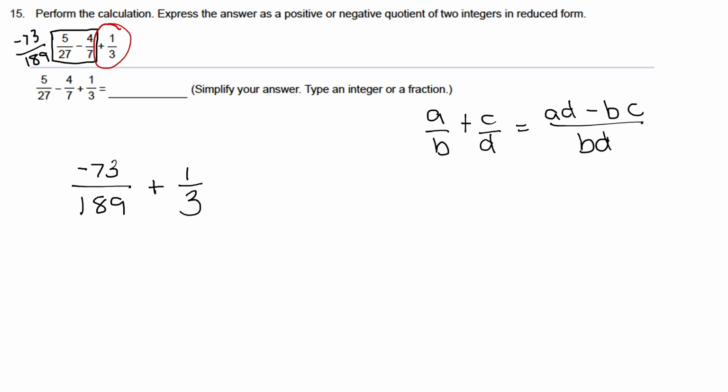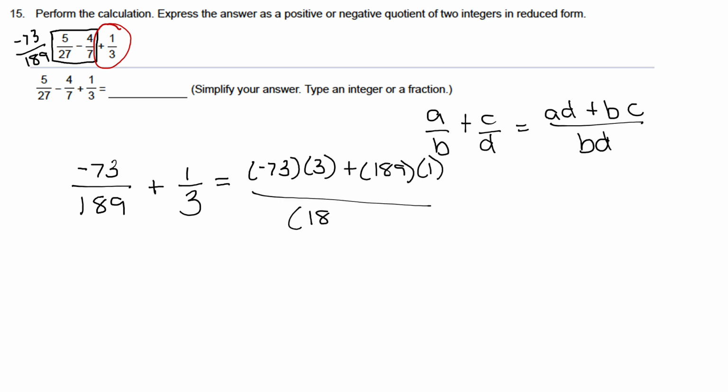Now I'm going to use the formula for addition, which is a times d plus b times c over b times d. So I have a negative 73 times 3 plus 189 times 1 all over 189 times 3.